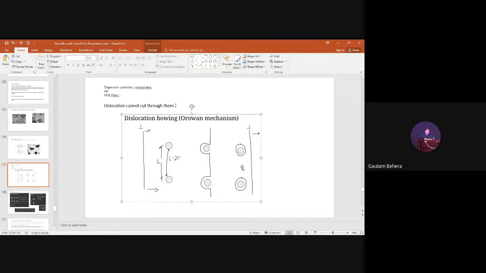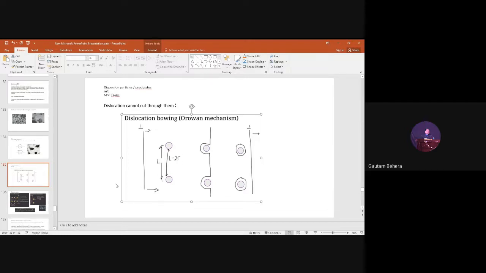So the distance between the two particles is now from this loop to this loop. Suppose any other dislocation crosses, it will form another loop, right? And the distance between the particles again decreases. Further, when a new dislocation wants to move, it cannot move easily. It requires more stress to overcome this distance. That means you understand the strength increases if this distance decreases.